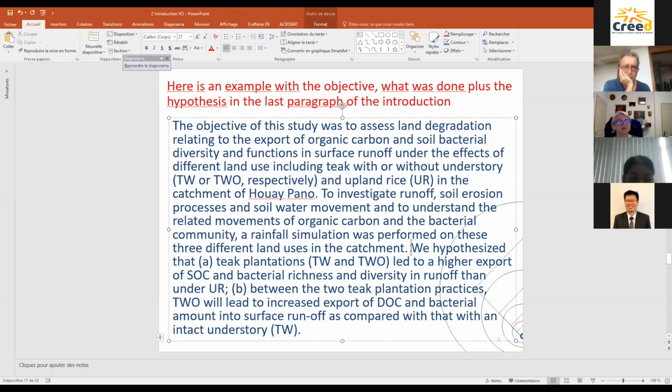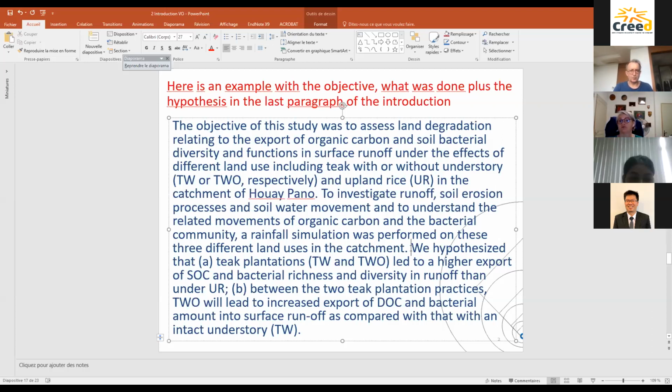And so this is the end of the introduction. We know that the reader knows that two things were tested. We tested whether or not teak plantations were inducing erosion of biodiversity and soil. And we tested whether, between the two teak plantations, one is worse than the other.